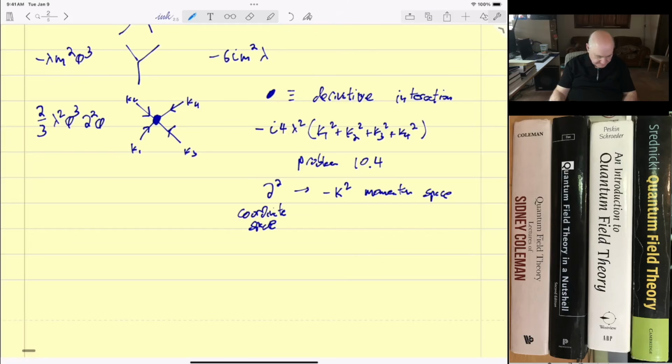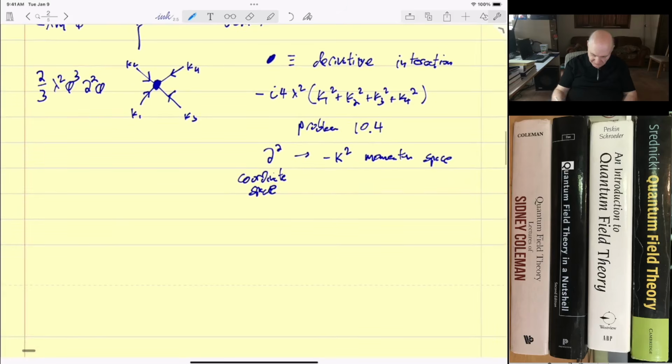But anyway, that's where we get the k's. And the other factor we get is, first of all, the 2/3 lambda squared to start with. We don't have any factor for the fact that this can occur at 4 spots, we've taken that into account by having different k's at each spot.